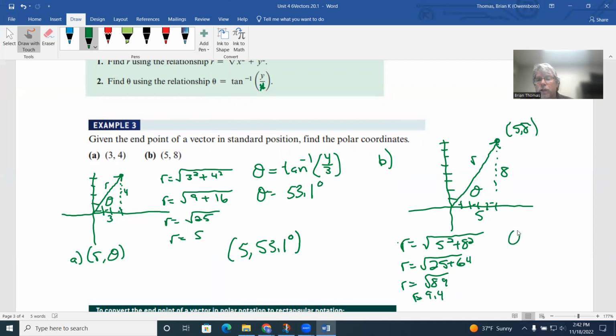If I want to find theta, we have to use the inverse tangent. Since r was rounded, it would not be a good choice to use r. Even though we have r now, let's use the given values, which are 8 over 5. So theta is going to equal the inverse tangent of 8/5.